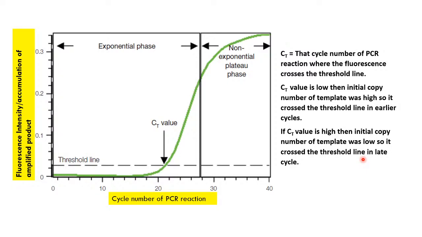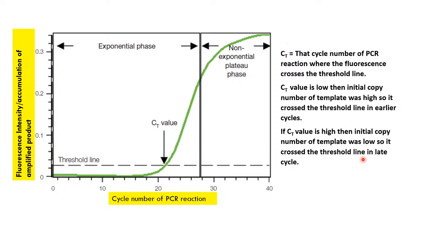High CT value means lower expression. The reason is it is taking time to cross the threshold value, right? So just by looking at the CT value, we can get an idea whether your gene is expressing high or expressing less, or whether the initial template was high or low.